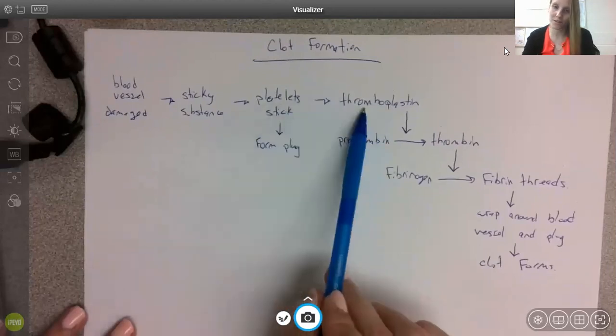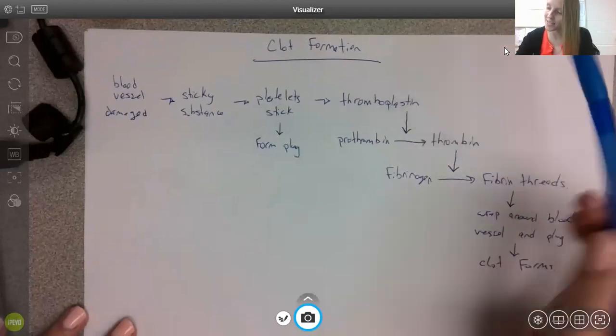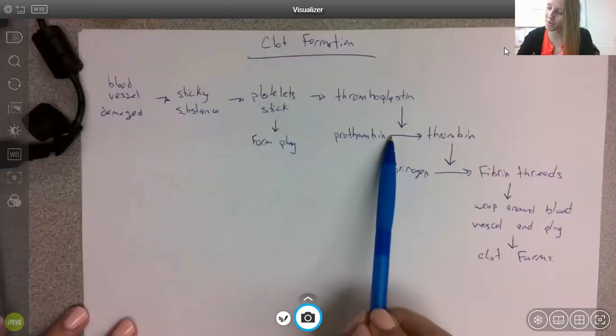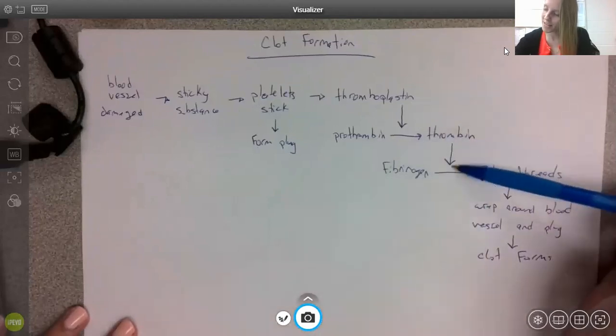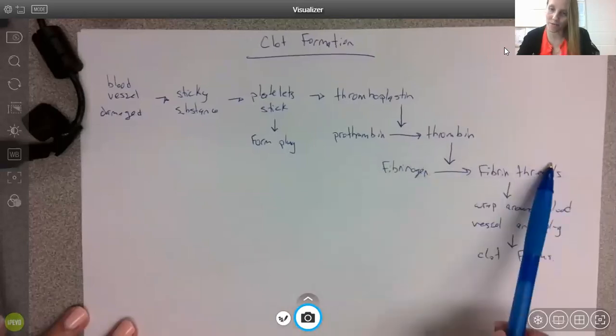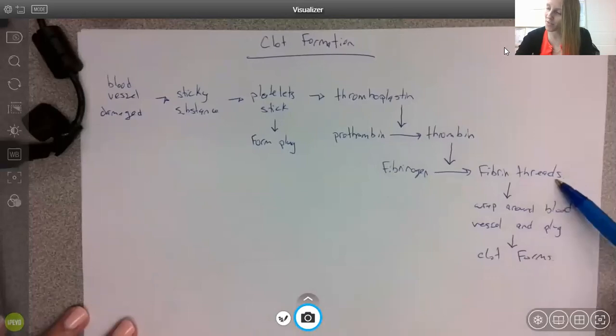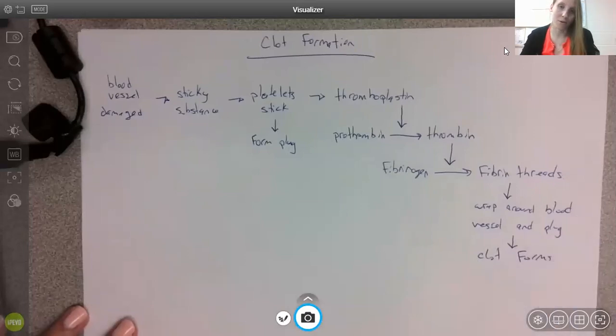The platelets are also going to release thromboplastin. That thromboplastin causes prothrombin to be converted into thrombin. That thrombin is then going to cause fibrinogen to be converted into fibrin threads, and then the fibrin threads wrap around the blood vessel and that plug that was forming and cause the clot to form.